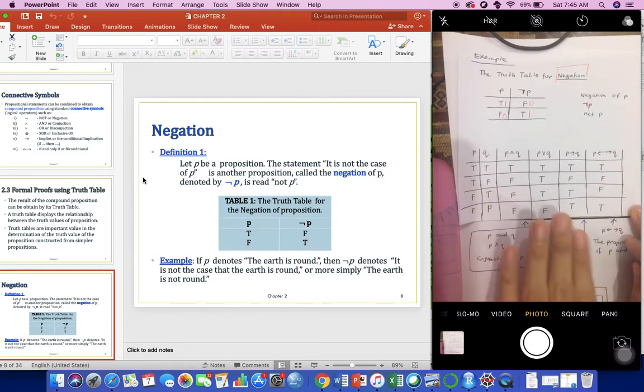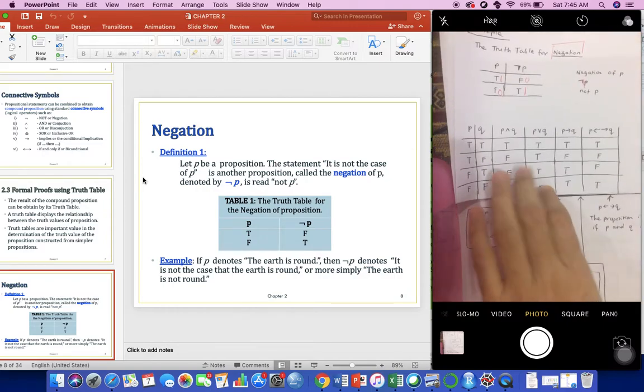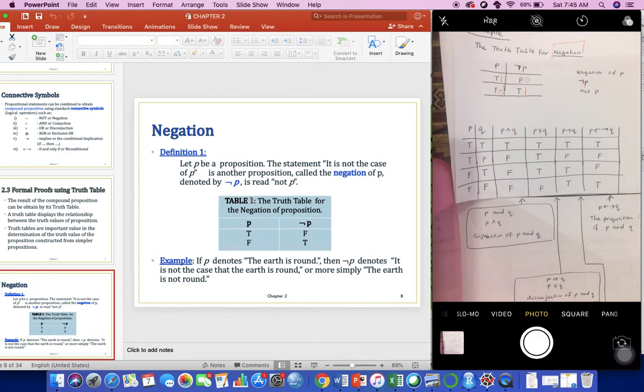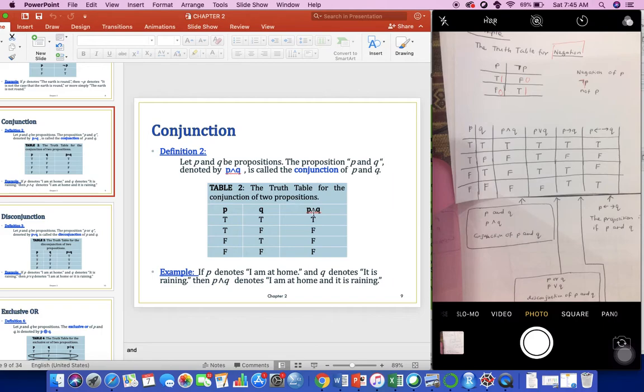Okay, the second one is where I combine several operations. If you look at your slides, you can see that this one is for negation and this one is for conjunction.